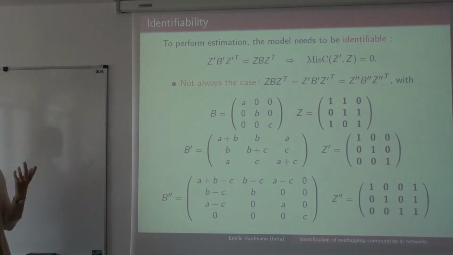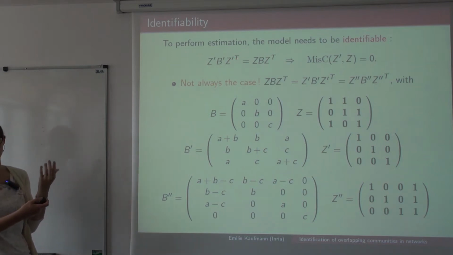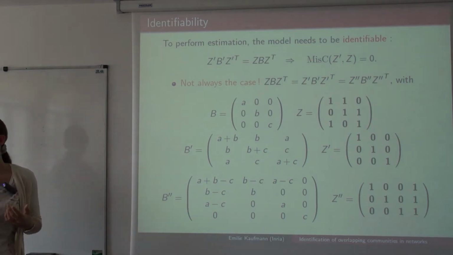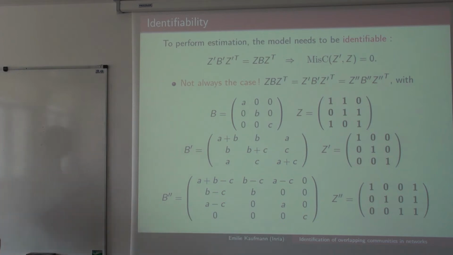If there exist two possible decompositions for the expected adjacency matrix, of course we cannot come up with an estimate that would choose between Z and Z prime. So a necessary condition to perform estimation is that if we have this, then Z and Z prime are equal up to a permutation of the rows.